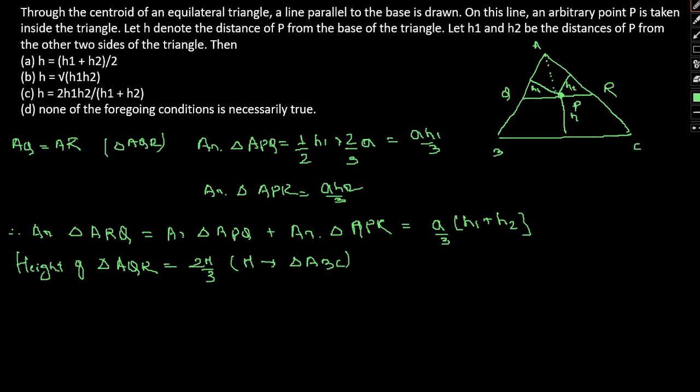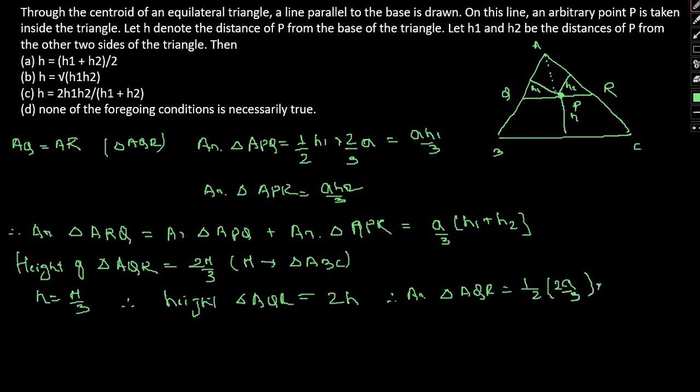So therefore the area of triangle AQR can be written as 1 by 2 times twice A by 3 into twice h by 3. Okay, so 2 and 2 get cancelled, so this will simply be twice Ah by 3.